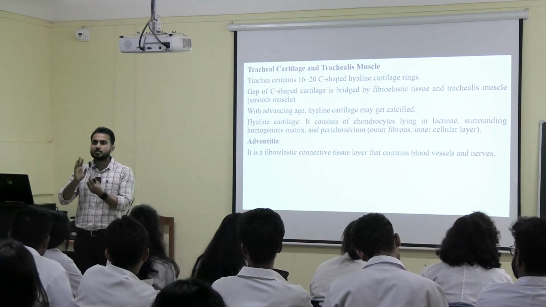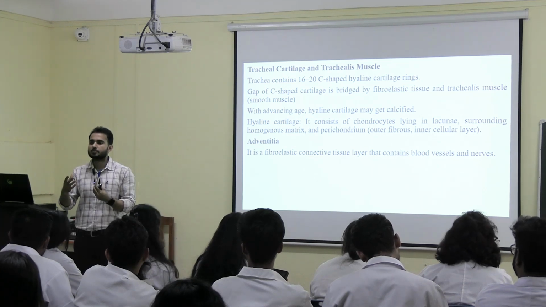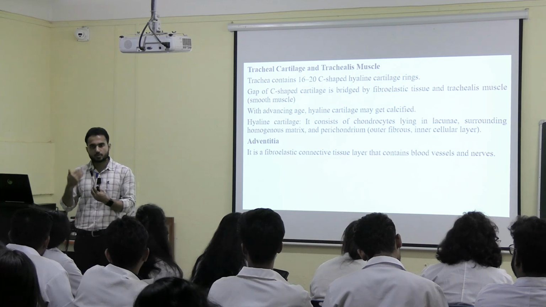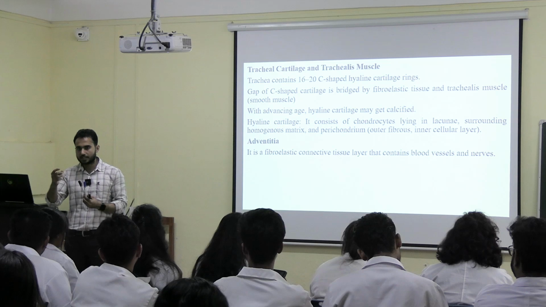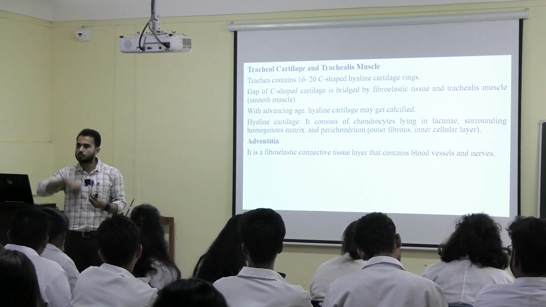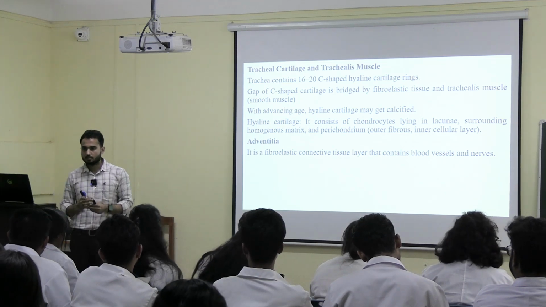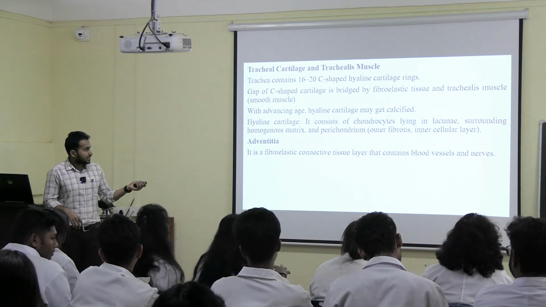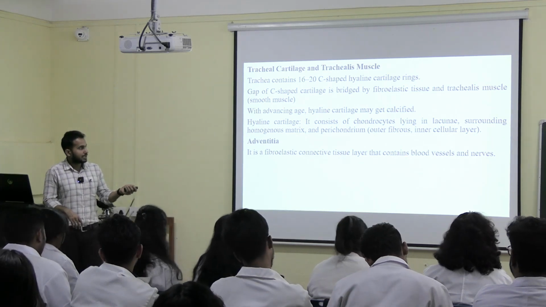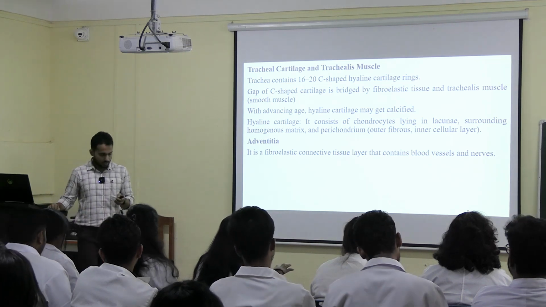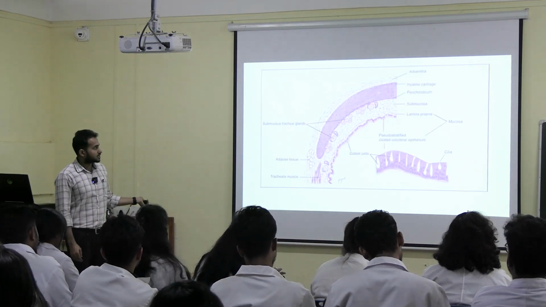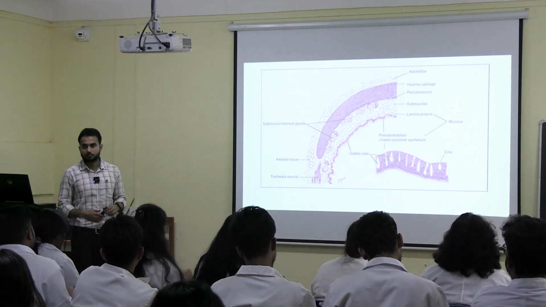Whenever it is opening, at that time you need some space. Though it is situated just posterior to the trachea, that space is provided by the trachealis muscle, so that it can expand. Then only you can swallow things easily. And lastly, the adventitia, fibroelastic connective tissue containing large blood vessels and nerves, that is present in the adventitial layer. So whatever we have discussed, this is the diagram.